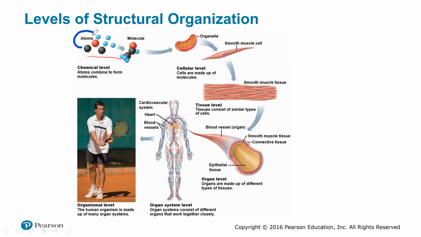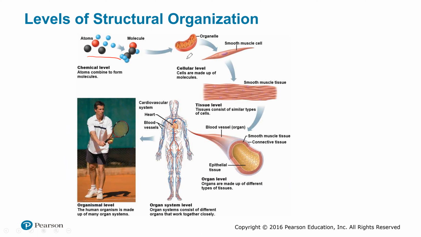We start with atoms. Atoms make molecules. Molecules make organelles. Organelles make cells. Cells make tissues. Tissues are part of organs, and organs are part of organ systems. And 11 organ systems make the entire organism.